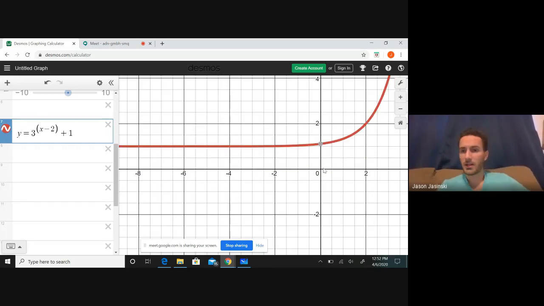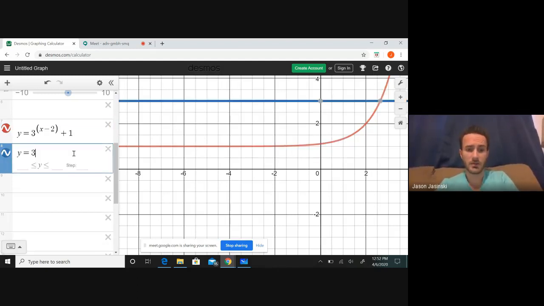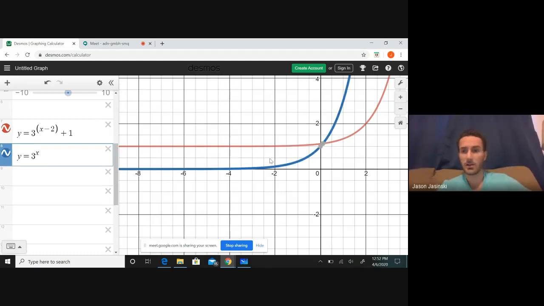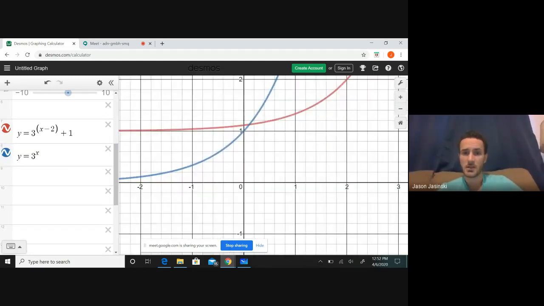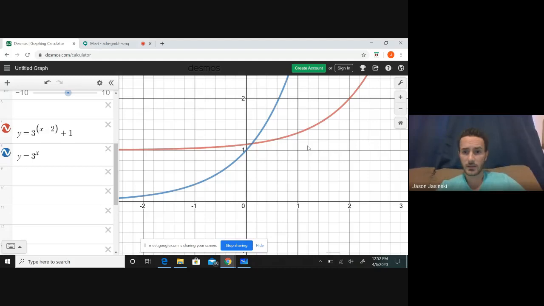So plus 1 implies a vertical shift up 1 unit and a horizontal shift 2 units to the right. That may be easier to see if you compare it to this parent function here. Quite literally, we have shifted up 1 unit and 2 units to the right.